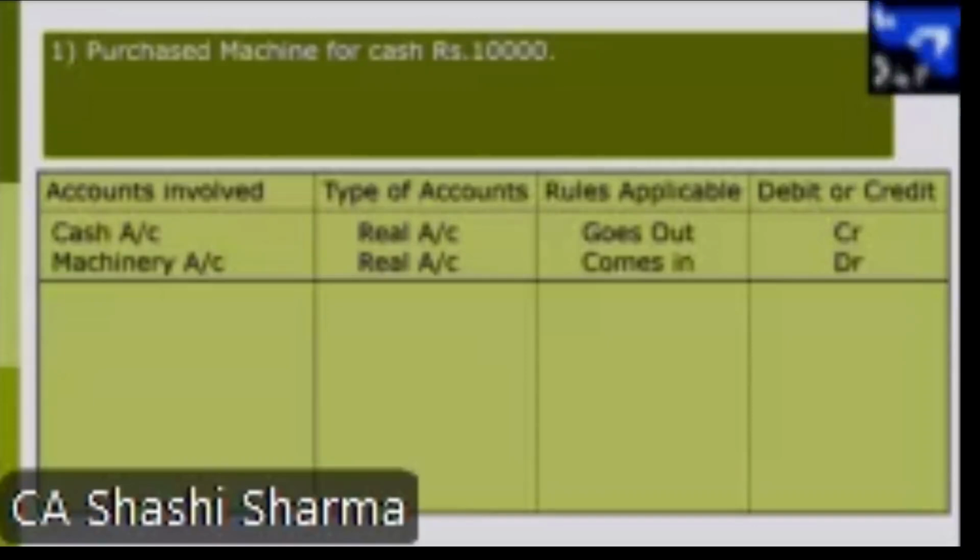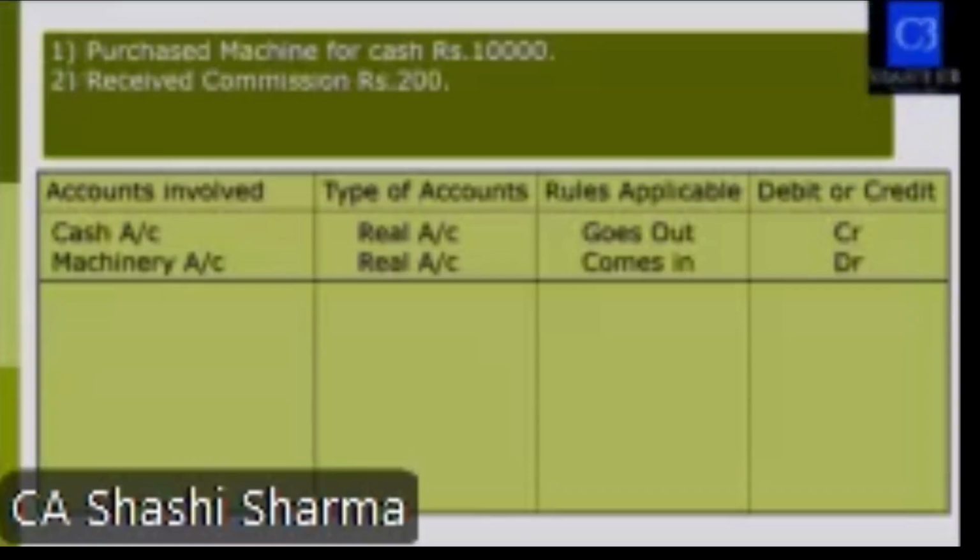Let's take another example. Received commission, rupees 200. What will be the name of 2 accounts involved in the transaction?